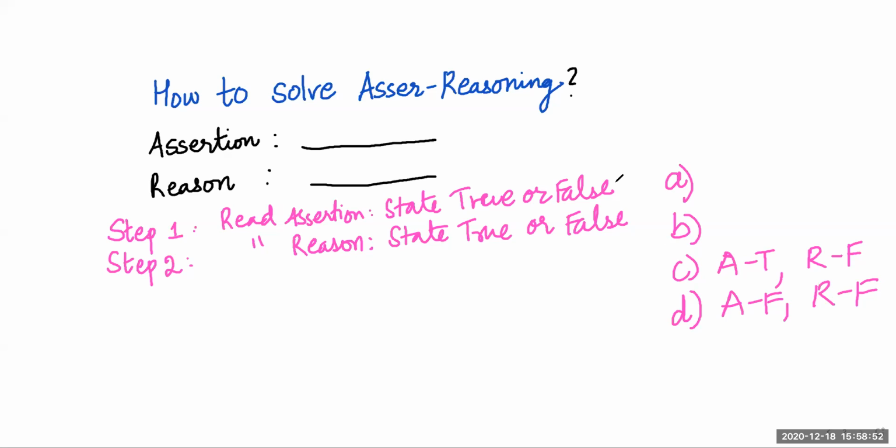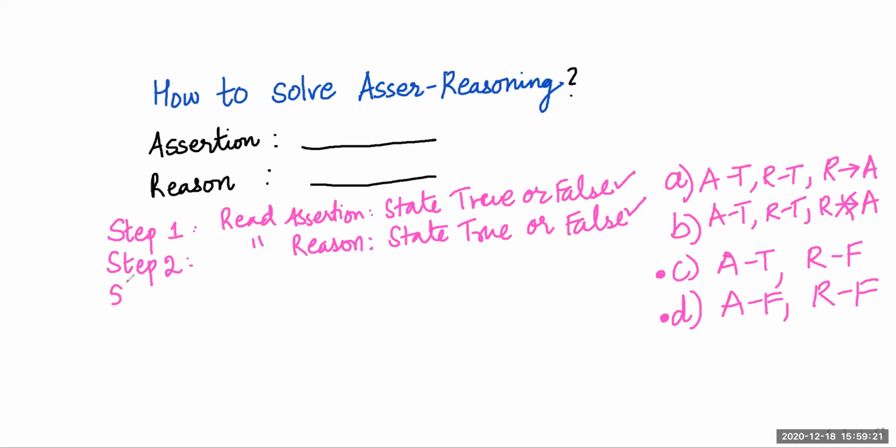So just by writing true or false, you can come to know whether it is C or whether it is D. Now problem will come when both are true. When assertion is true, reason is true. Now option A says reason explains assertion and option B says reason does not explain assertion.